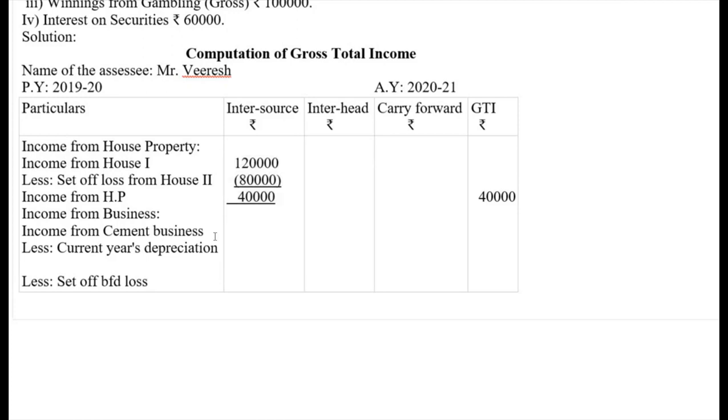So now let's go for finding the values here. So income from business is given as rupees 1 lakh. So current year's depreciation is given as rupees 50,000. So let us underline here, 50,000.